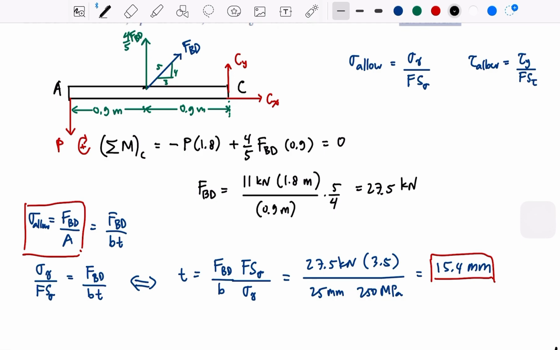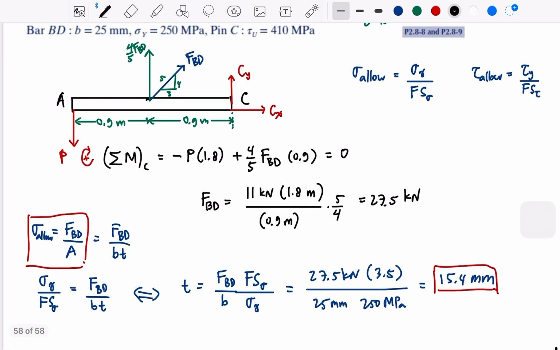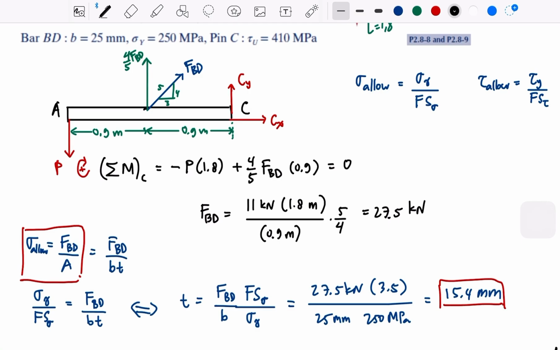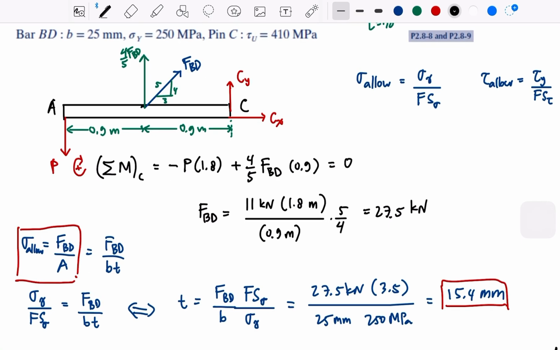The next question is to determine the required diameter of the pin at C. Okay, so what we need to find at C. Remember, the C is actually, we have it here, right?